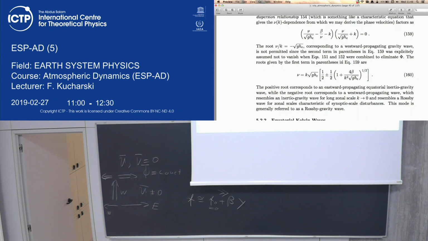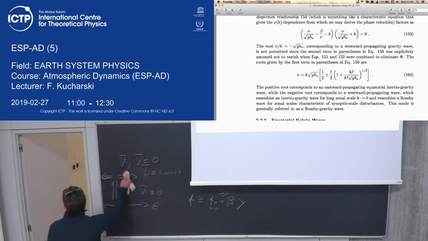It's kind of interesting to do a very small, simple calculation for the case where k is actually large enough. So k large means large wave numbers, so relatively short waves.